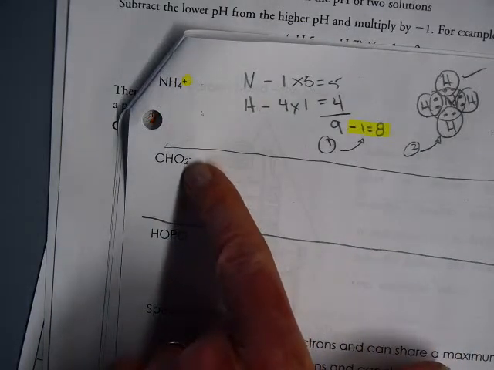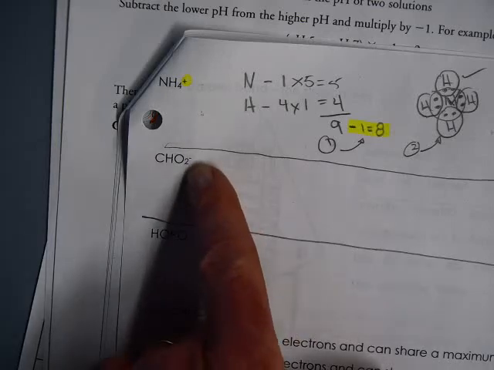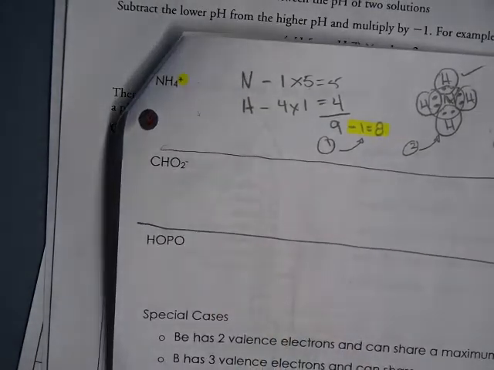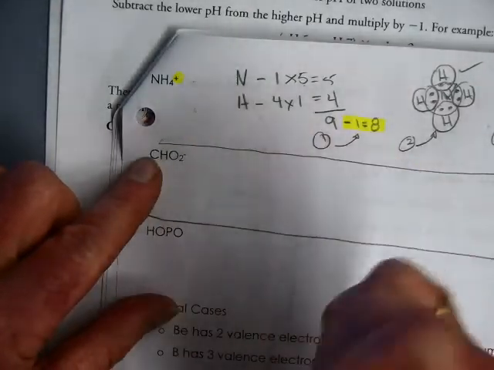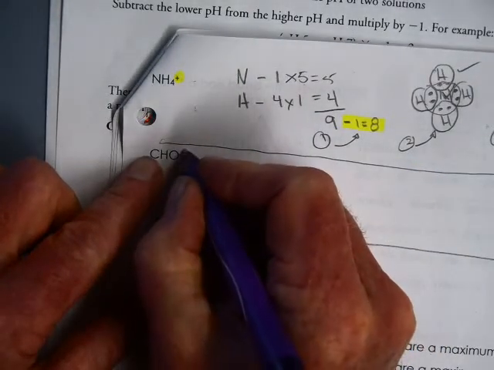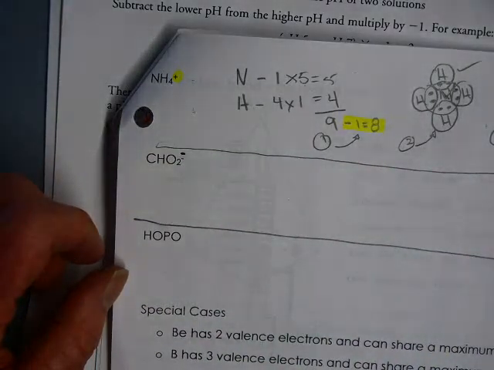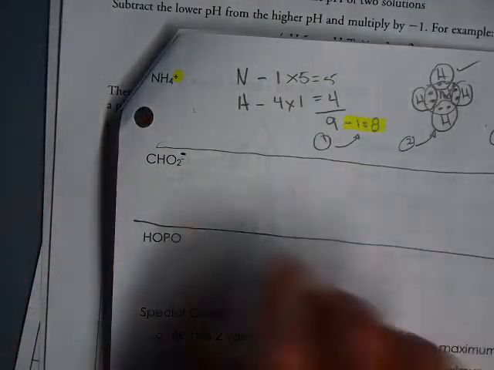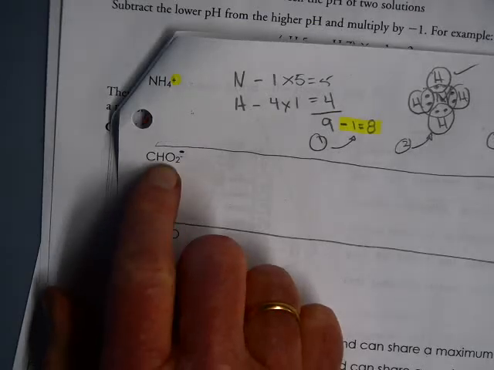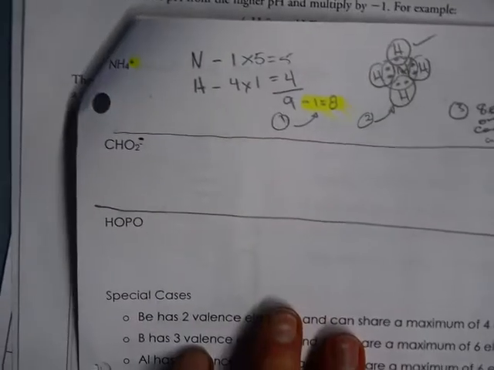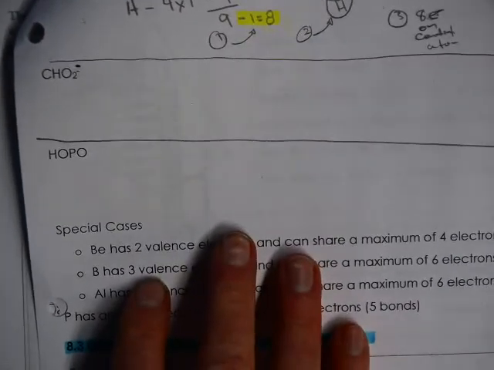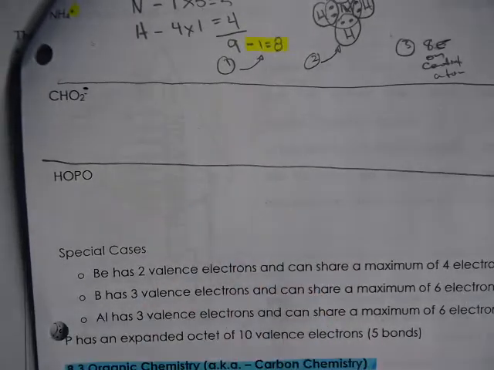Yes, so this one here, I apologize for the way that this is written. This negative should actually be higher. It should be right there. That's where it should be, to signify that this is negative. So let's go through this together.